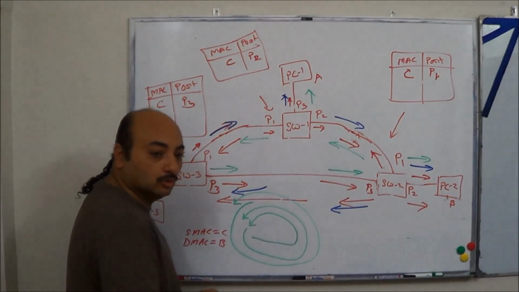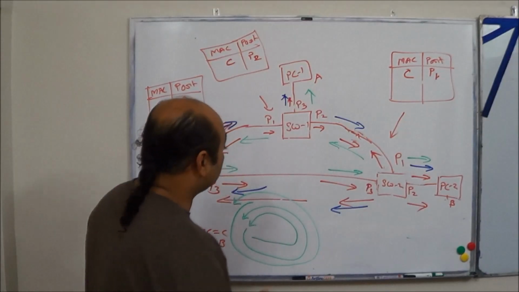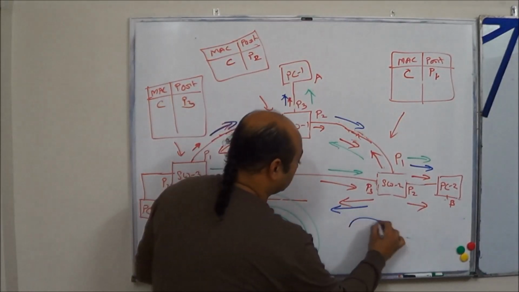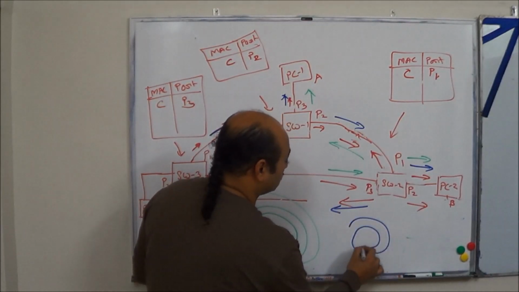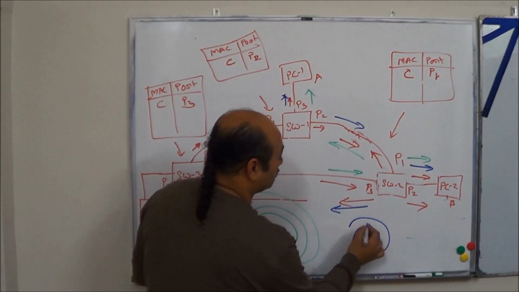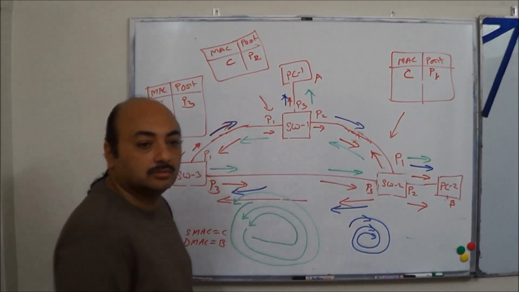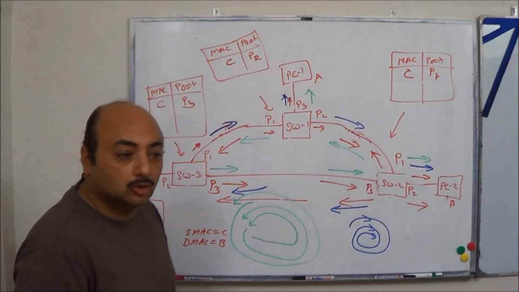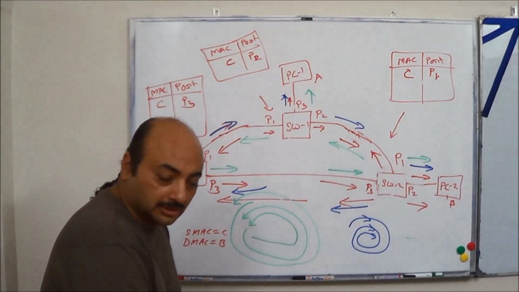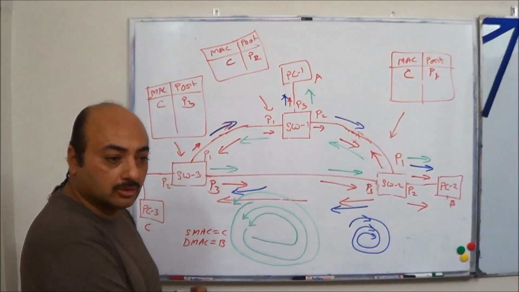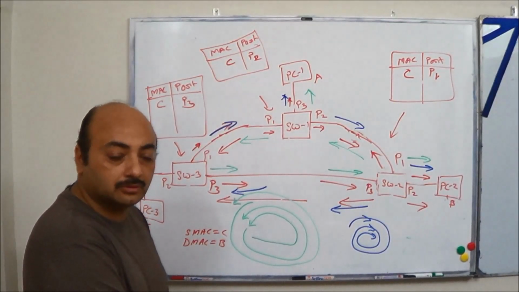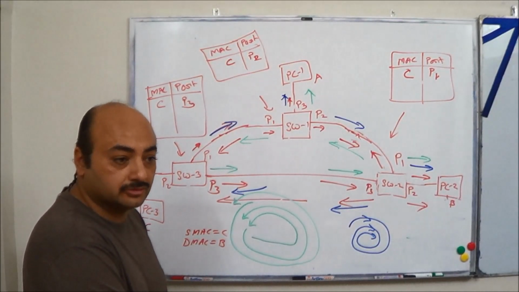What is this? A loop. And similarly, what is this? We can form like this also. So what do we call them? Multiple loops in clockwise and counterclockwise direction.